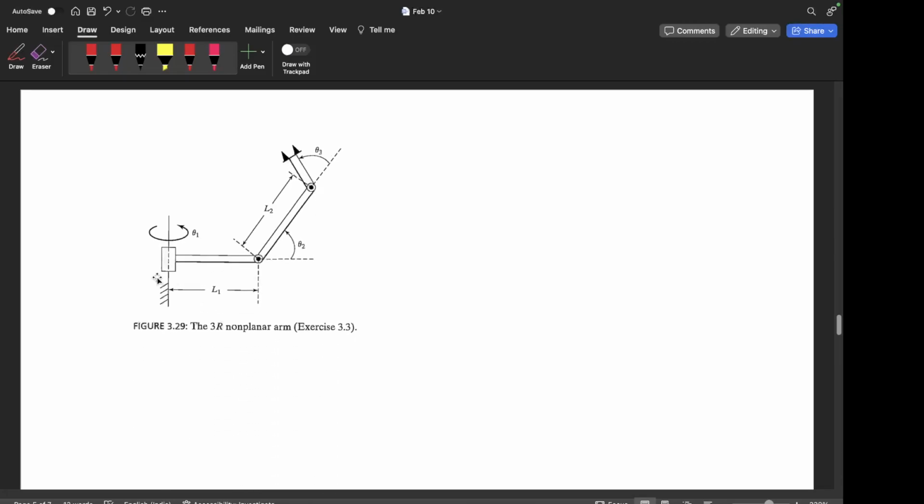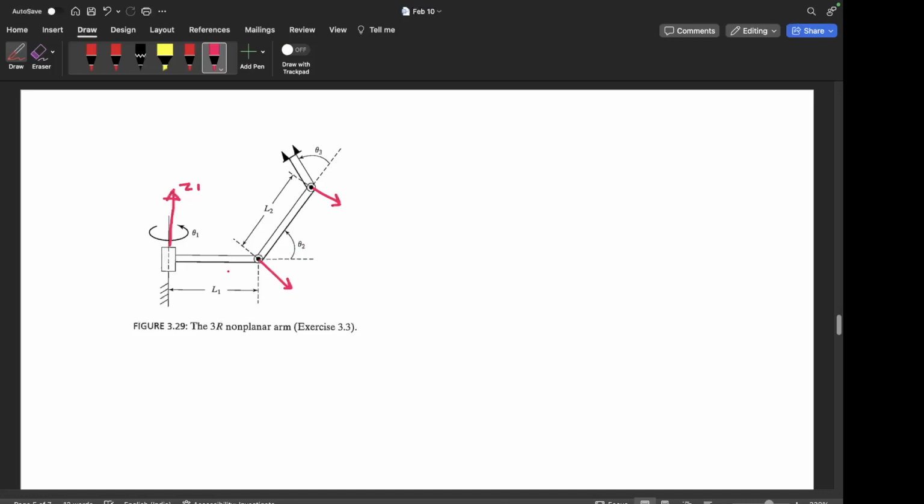This is a 3R manipulator, but a 3R non-planar arm. Earlier we have seen a 3R manipulator in which all three revolute joints have parallel axes of rotation, but in this case the axis of rotation of the first joint is not parallel to the other two. This axis is in the plane of the paper, and the z of these two are outside the plane of the paper.